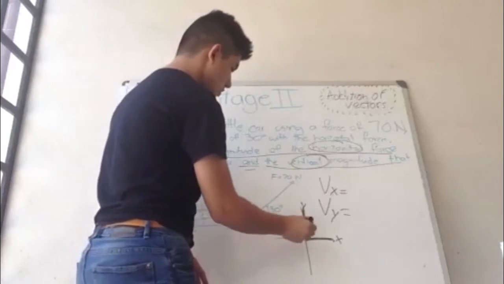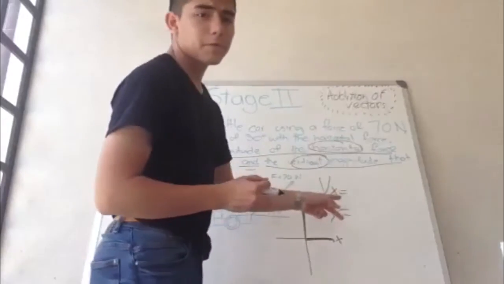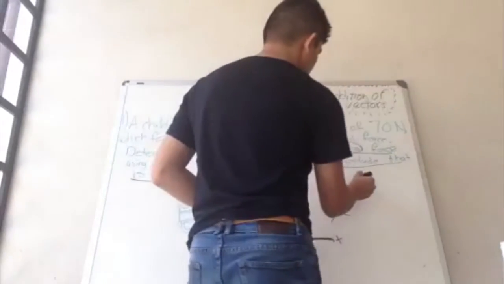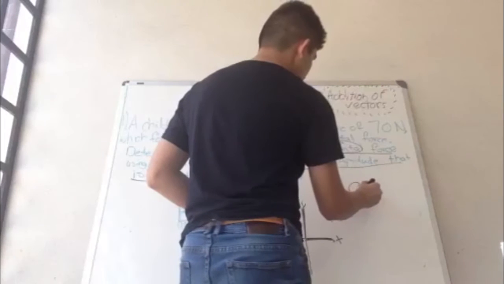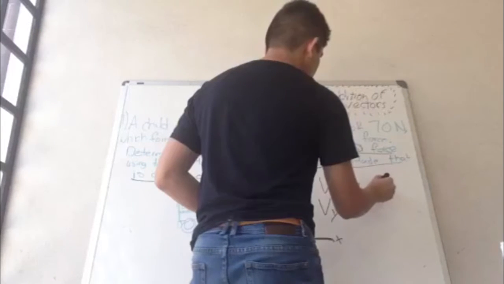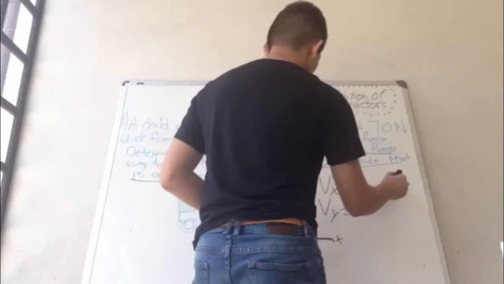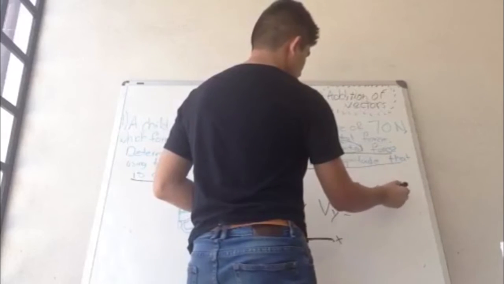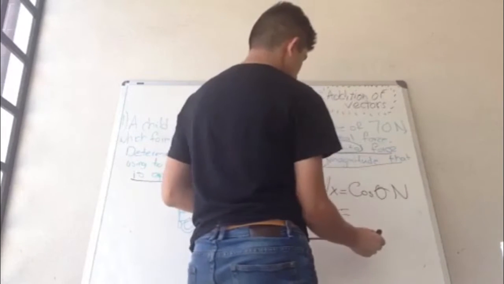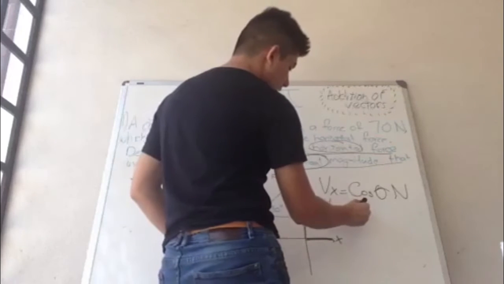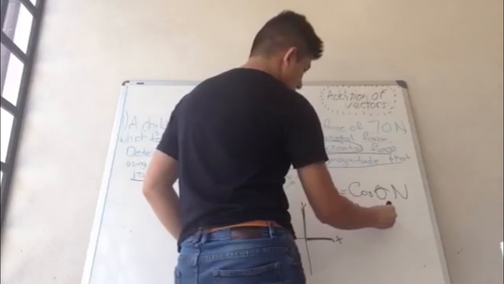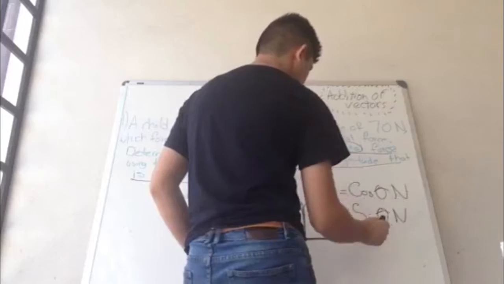The formula for Vx is cosine of the angle times the magnitude, or the newtons, and for Vy is sine of the angle times the newtons.